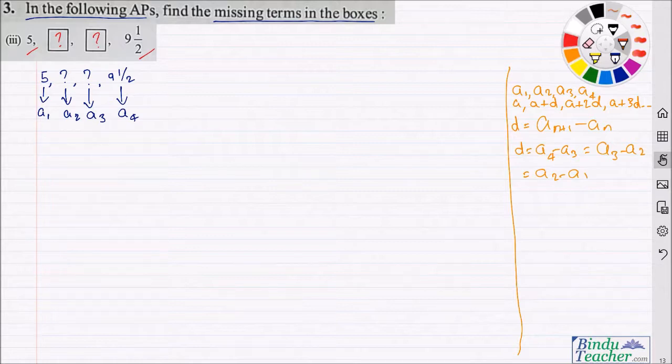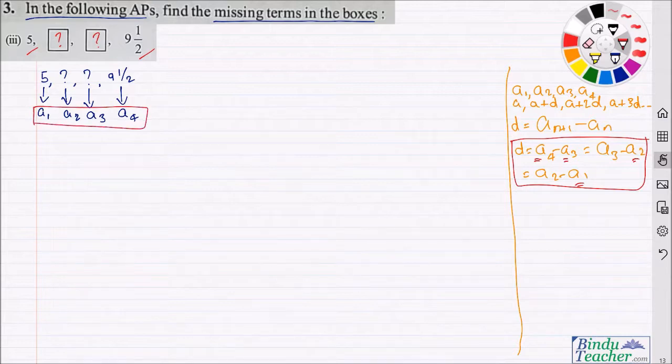If you observe all the formulas that we just wrote, this particular set of formulas looks useful. Why? Because here we are referring to A4, A3, A2 as well as A1, all the four terms. So if we can use this equation somehow, we should be able to find the values for A2 and A3.